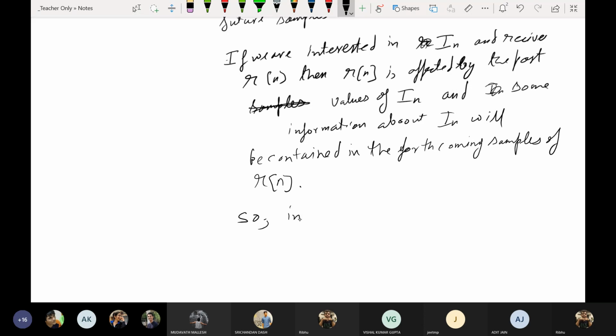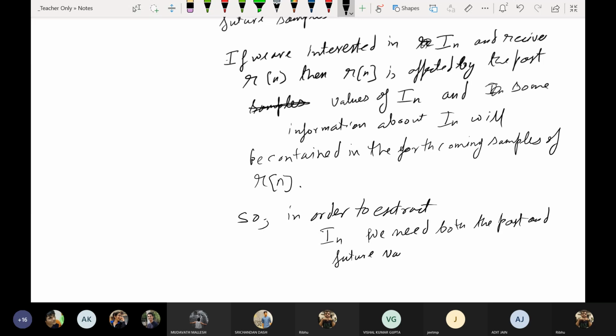So in order to extract In, we need both the past and future values of R: the past to cancel the effect of others and the future to extract all the information, right?